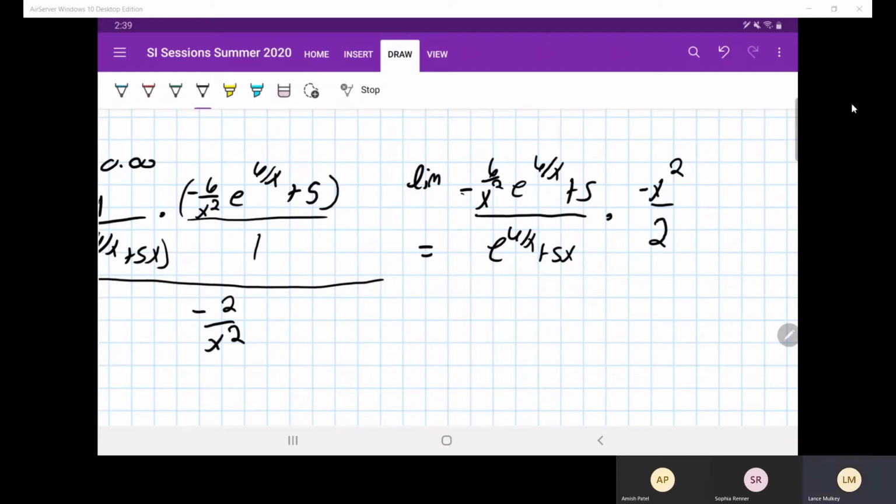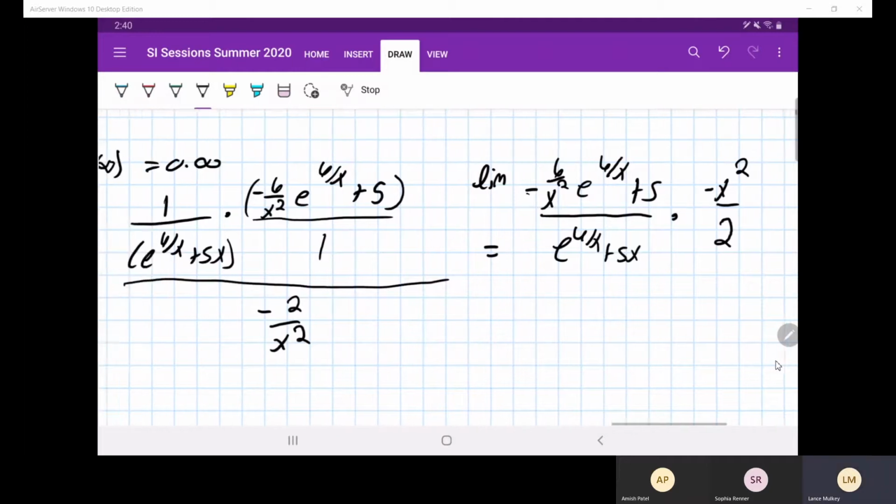I may have done this completely wrong. It's not easy with these problems. Did I take the derivative right?